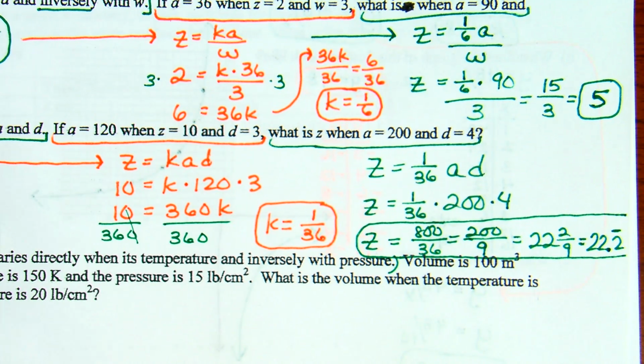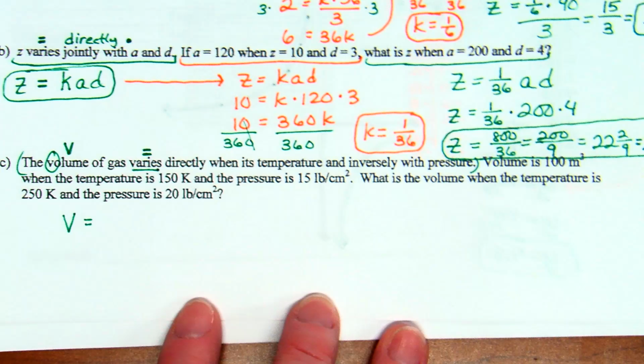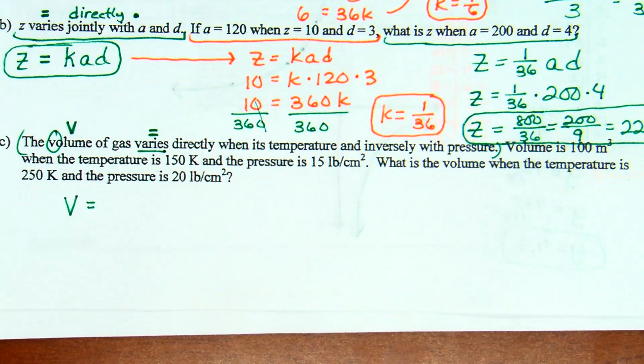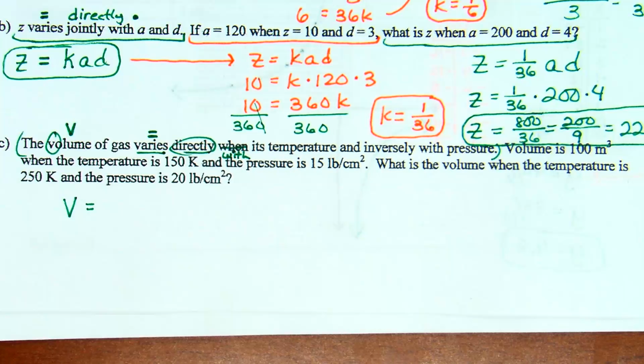Temperature, T. So K times temperature, and inversely. What's inverse tell me? Divide. And what are we varying inversely with? Pressure, which I'm going to use P. So they weren't nice enough to give me the equation, but if you can get through that first sentence, you have an equation to work with, right?